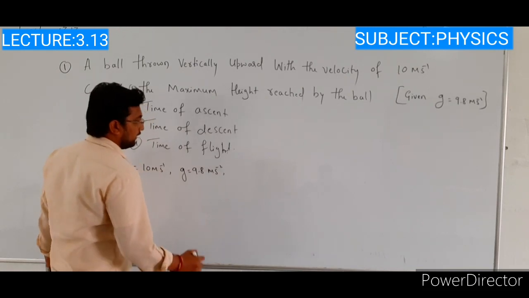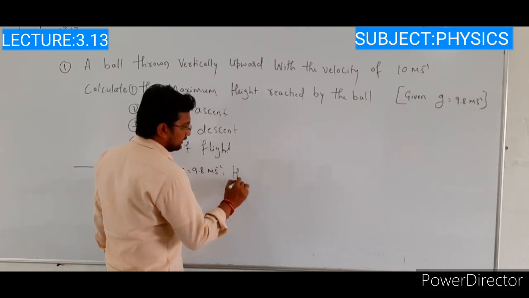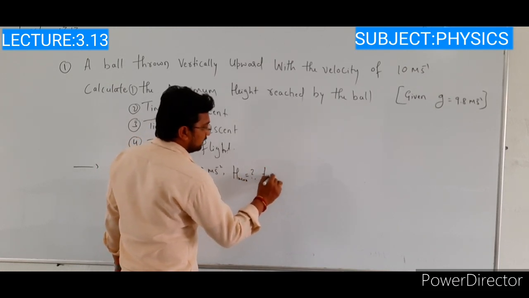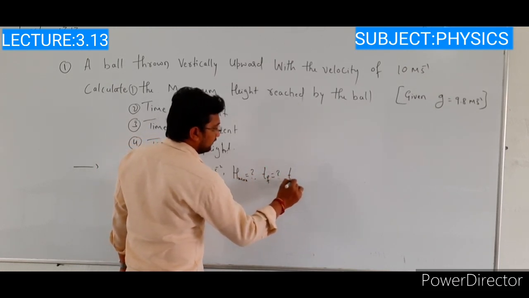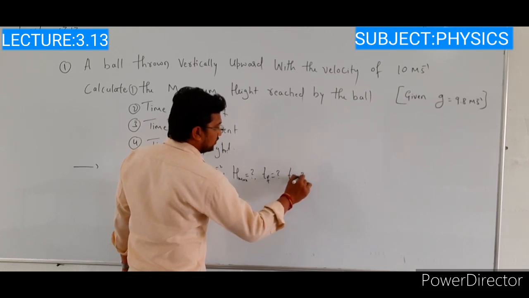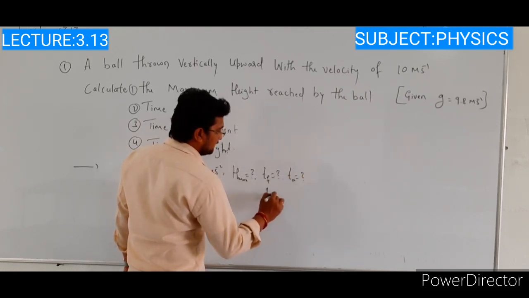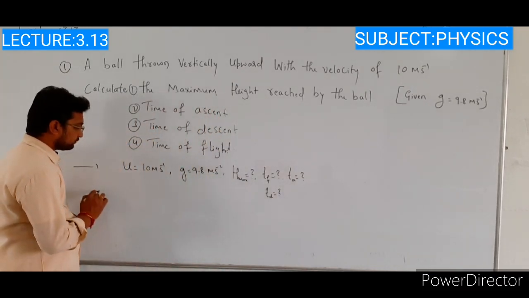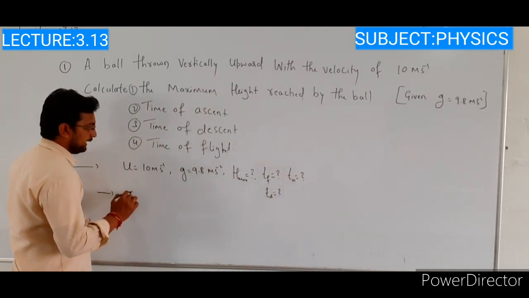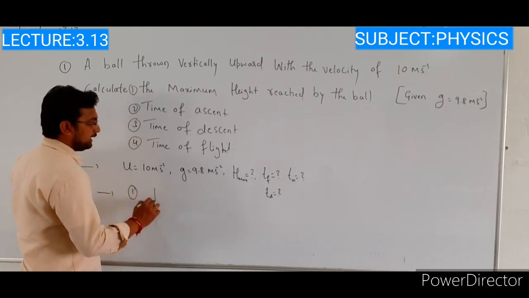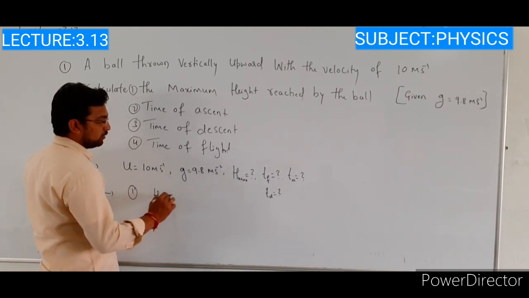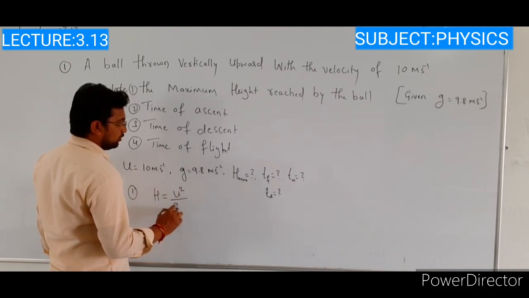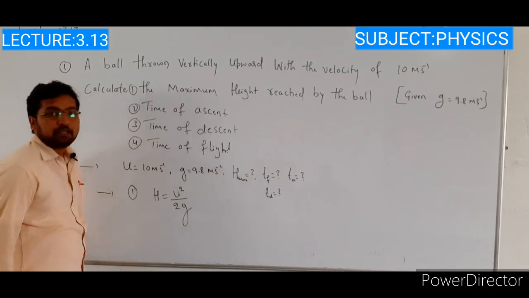So first one, find out the maximum height. Maximum height is equal to question mark, time of flight is equal to question mark, time of ascent is equal to question mark, time of descent is equal to question mark, right? Already we know the formula to calculate the maximum height, h is equal to u square divided by 2g.